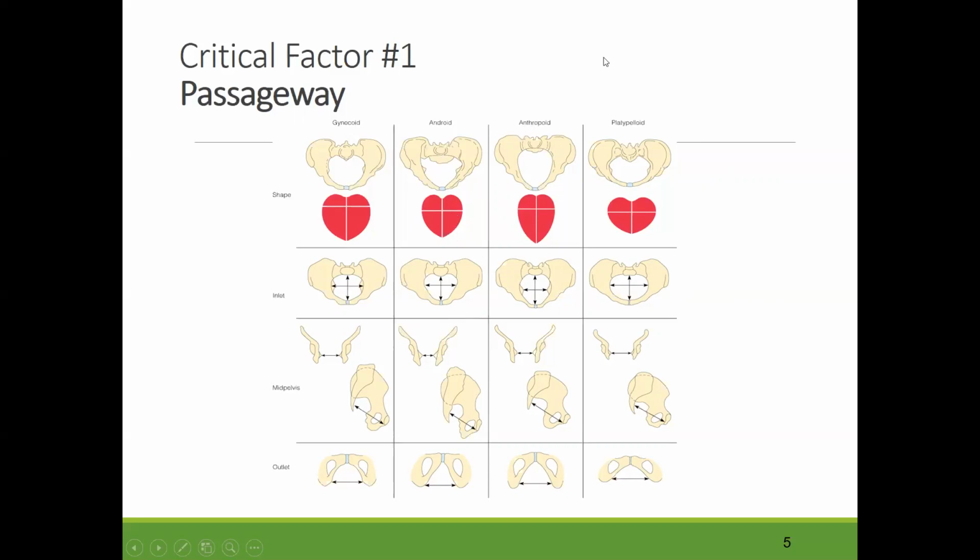Okay. Next, we have the anthropoid, which is right here, the third row. So this is favorable for vaginal birth because the pelvic inlet is oval in shape with a long anterior posterior diameter. And then the mid pelvis, that midway point, and the outlet diameters are adequate.